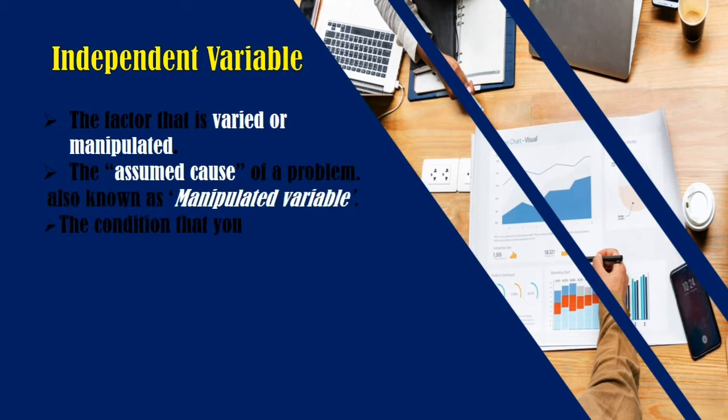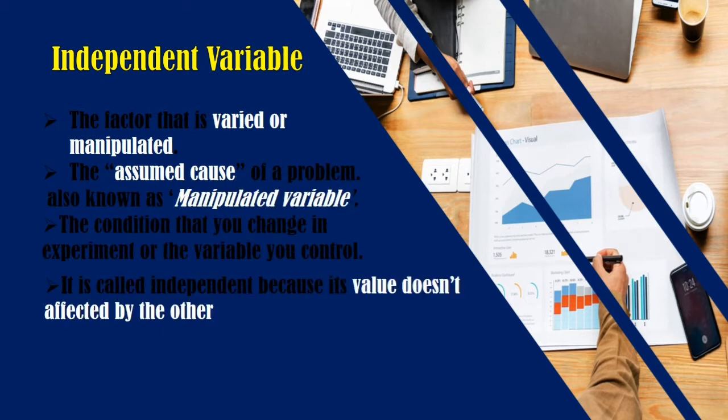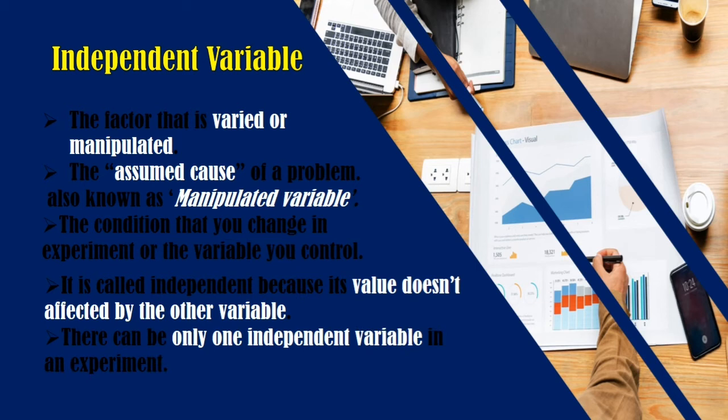By the word itself, independent, meaning it is a variable that is not affected. This is the factor that is varied or manipulated in a research. It is also the assumed cause of a problem, also known as the manipulated variable.